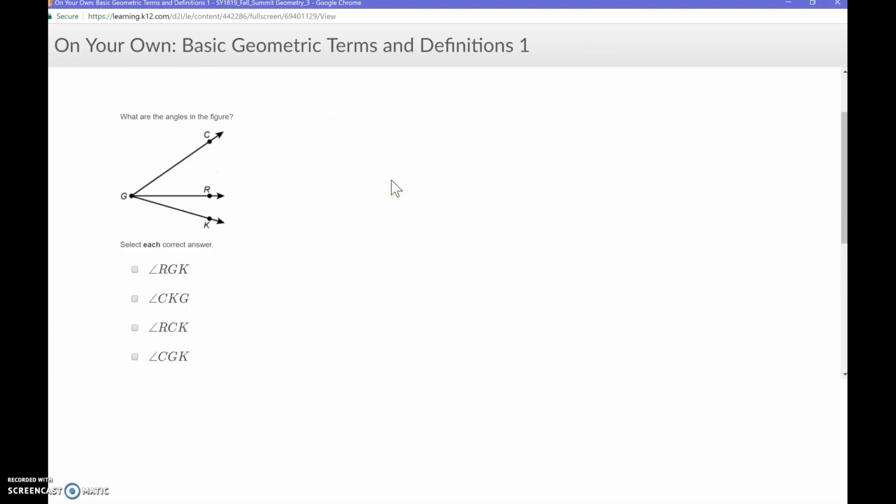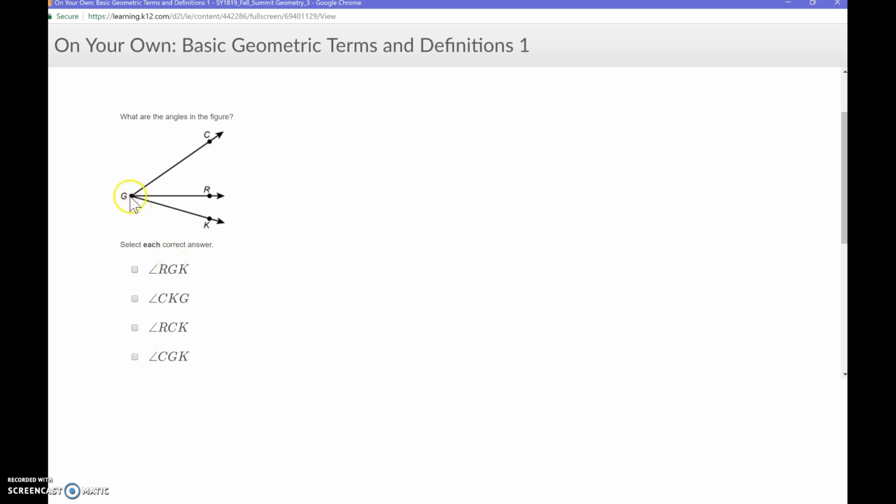What are the angles in the figure? Let's look at this first big one. Remember, they're all going to have a vertex of G. So that means G has to be in the middle. So it can only be one of these. Just make sure those are the angles.